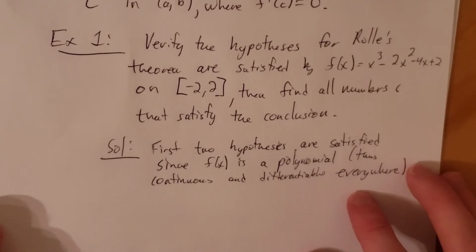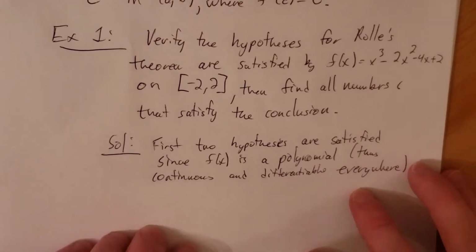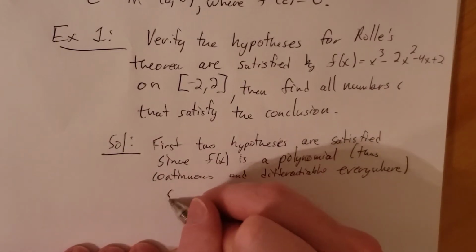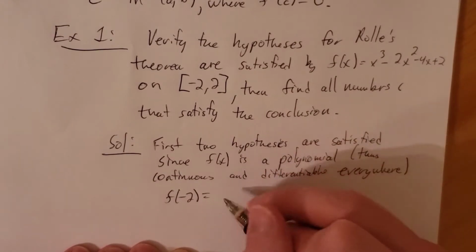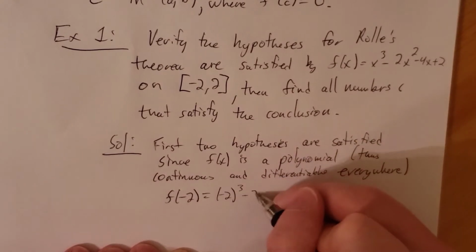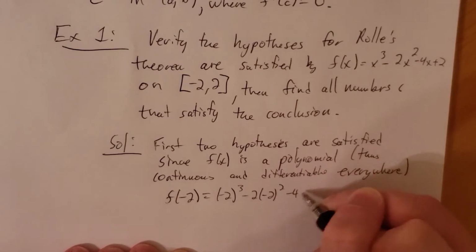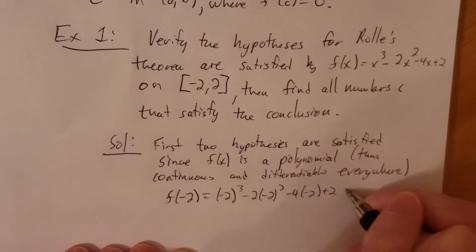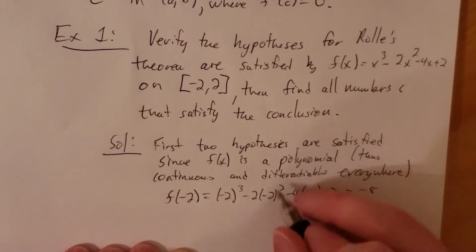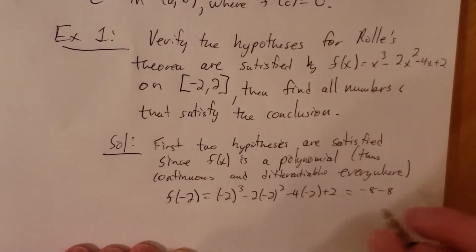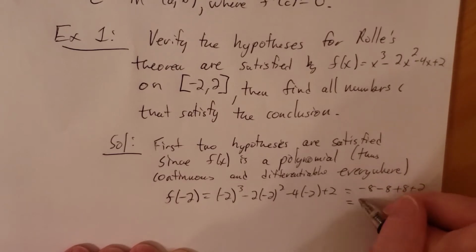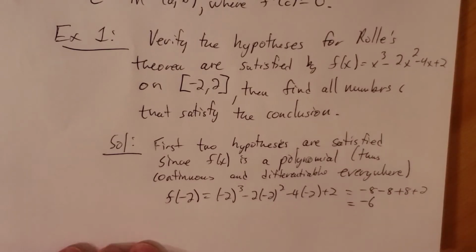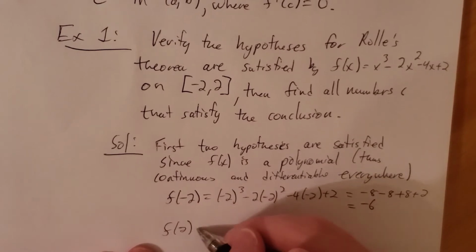Okay, well, the last hypothesis here is that f of a is equal to f of b. So that means we need to find out what f of negative 2 is. Well, just plug that in. Negative 2 cubed minus 2 times negative 2 squared minus 4 times negative 2 plus 2. This is negative 8 minus another 8 plus 8 plus 2 gives us negative 6. Okay, well, what is f of positive 2?